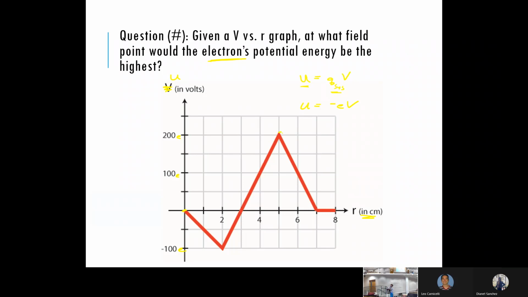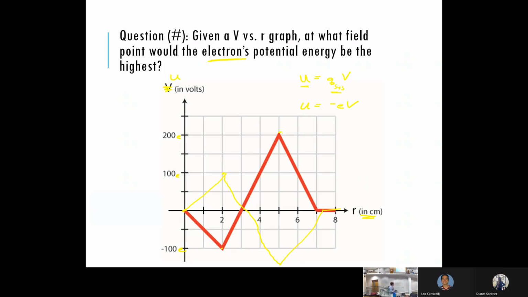This location becomes, well, it's off screen, but that would be down here. And any place where it's negative, it should now be positive. So if I'm dealing with an electron, the graph should look something like this. It's flipped around the x-axis, and scaled, right? You still have to put the electron charge in there.